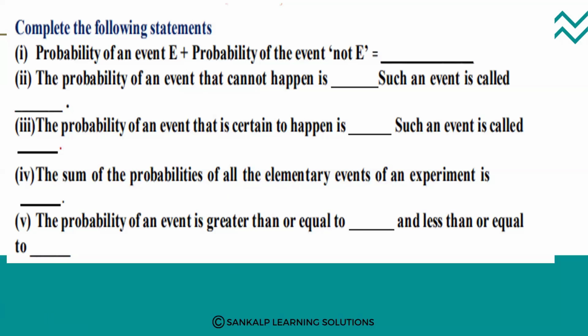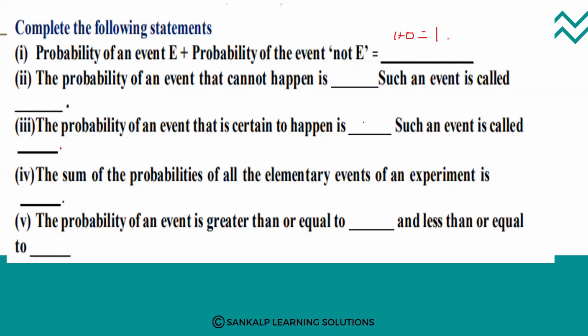Probability of an event E plus probability of event not E. Not E means it is 0. If the event is certain to happen, that is 1. Not happen, that means 0. 1 plus 0, that is 1 only.